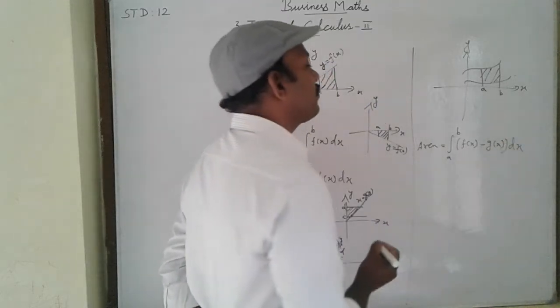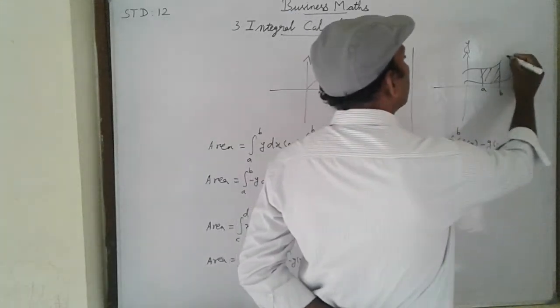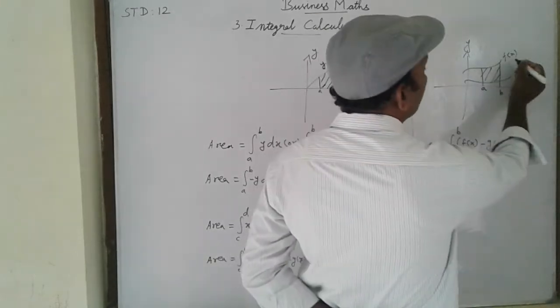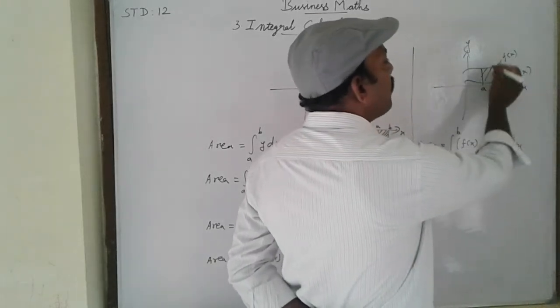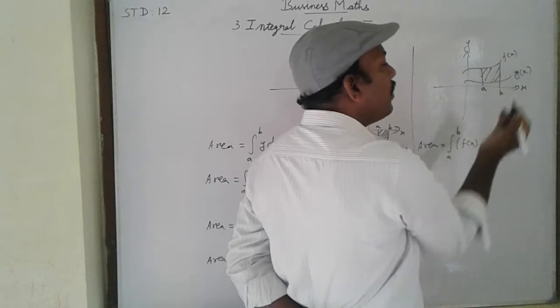Two curves are given, f of x and g of x, and the limits are the x values a and b.